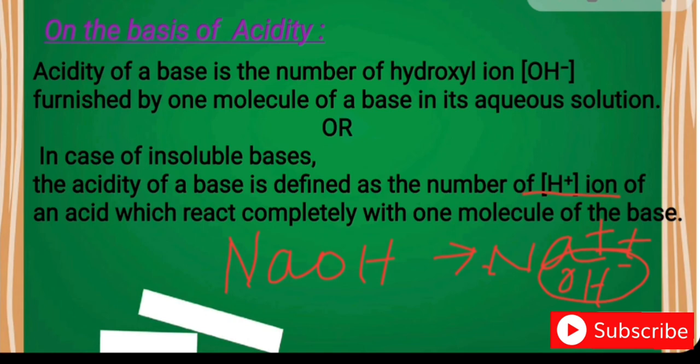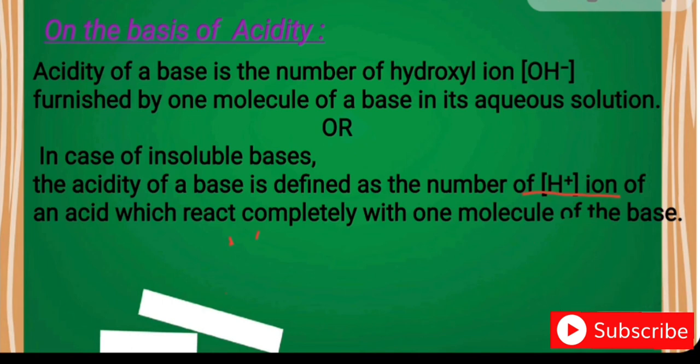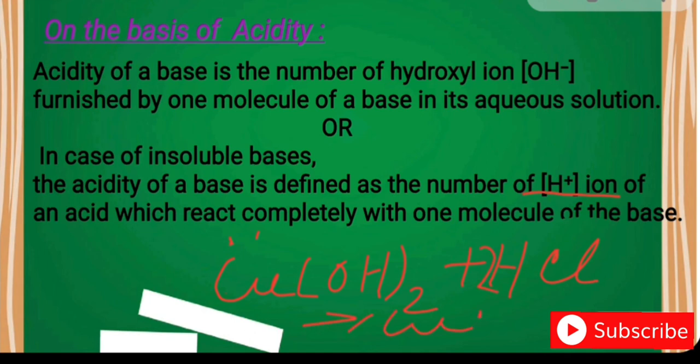But what about copper hydroxide? Copper hydroxide is insoluble in water. When copper hydroxide reacts with HCl, it can comfortably react with 2 molecules of HCl to produce copper chloride plus water.